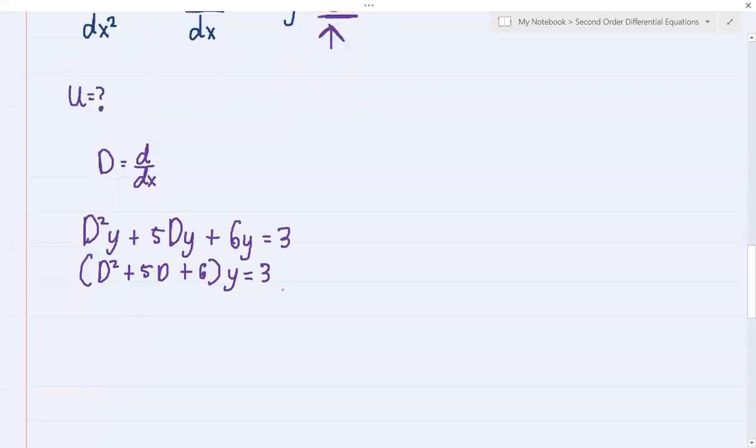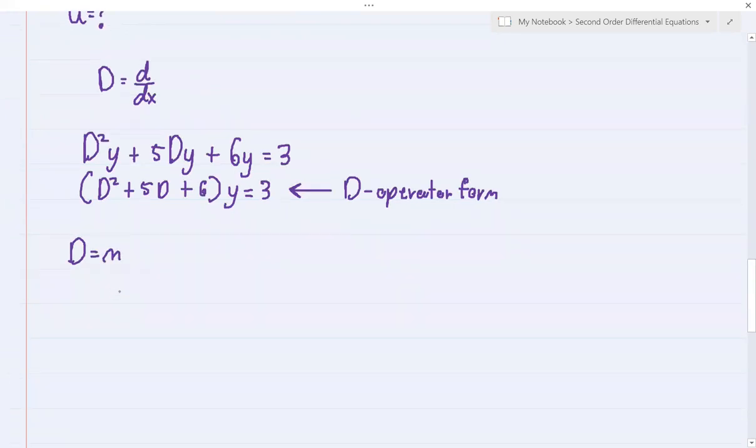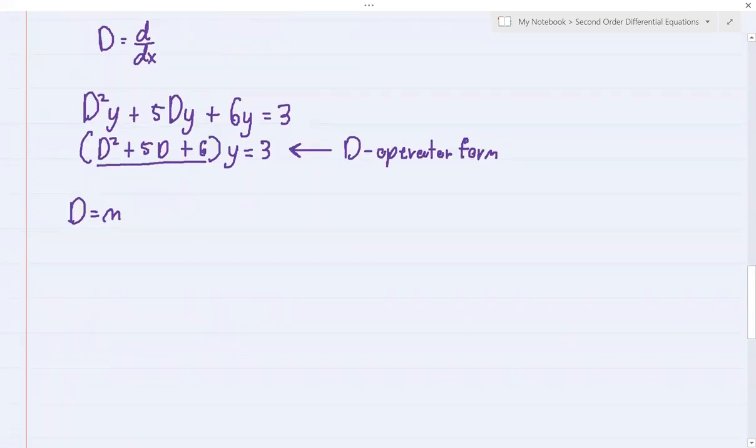That's it. If you recall, this is what you call the D operator form. Now, what you're going to do is substitute your D as your M, and equate this expression to 0.